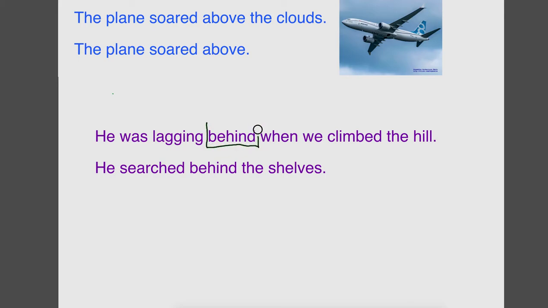Let's see. Is there an object at the end? So you might be tempted to say "we" is the object of "behind," right? You might say, okay, this is the prepositional phrase here, "behind when we."